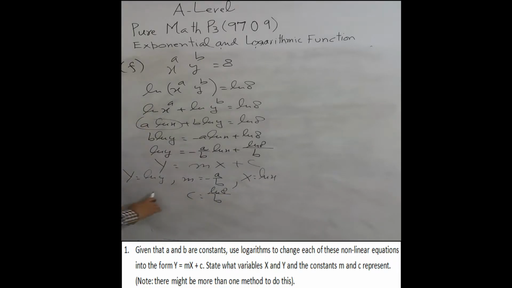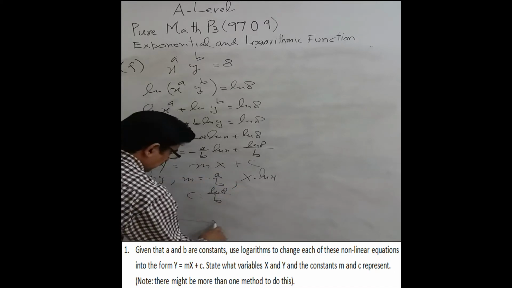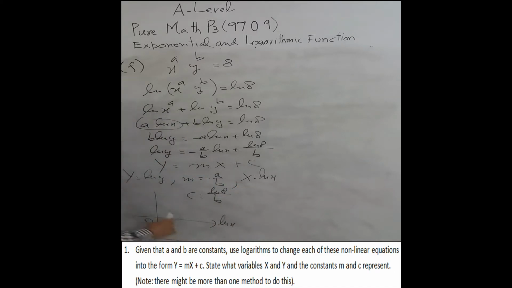Now if we plot the graph along x-axis, your variable will be ln x, taking this as ln y. If you plot the graph, you will get a straight line with this gradient and this y-intercept.